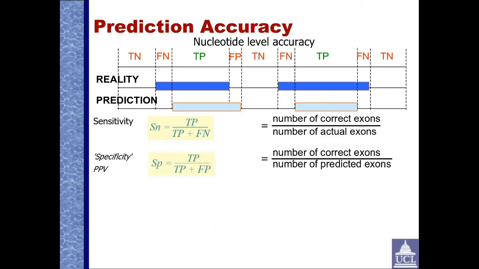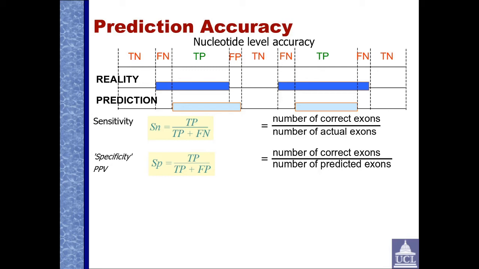Now, in the gene prediction world, there's been a somewhat unfortunate error in that people refer to specificity as the number of true positives over the true positives plus false positives. In other words, the number of correctly predicted positions that are predicted as exons divided by the total number of positions predicted as exons.